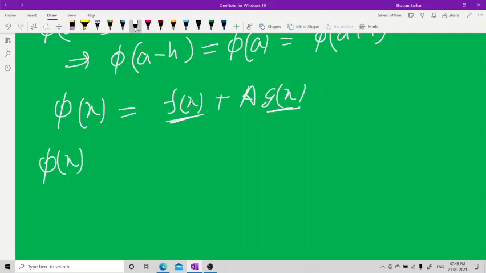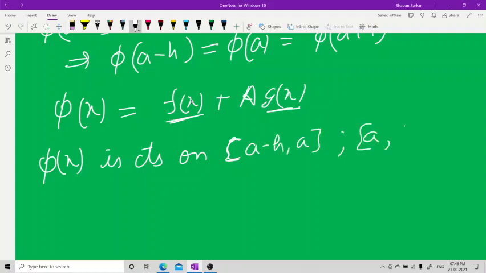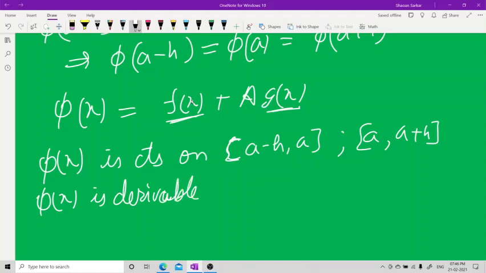See, phi(x) is continuous on one interval, you take from a minus h to a, the other you take a to a plus h. Phi(x) is derivable on the open interval a minus h to a and the open interval a to a plus h.